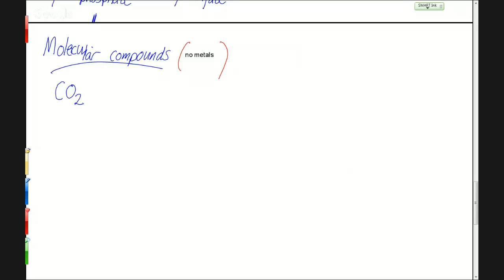But what was the name of this one? Anybody know this one? Carbon, yeah, right, carbon dioxide. Notice how that name is different from the names we've just been talking about in that little prefix before oxide. What about this one? CO. You know that one?